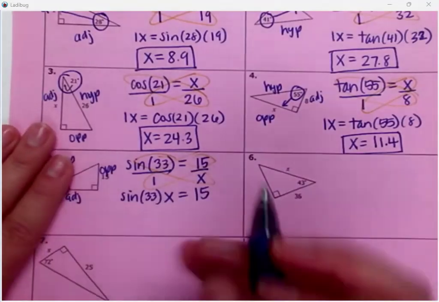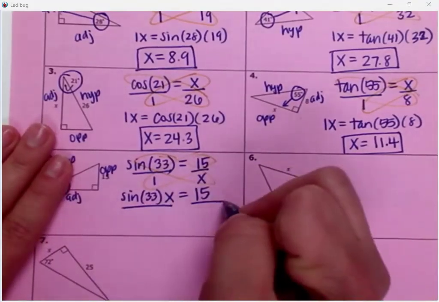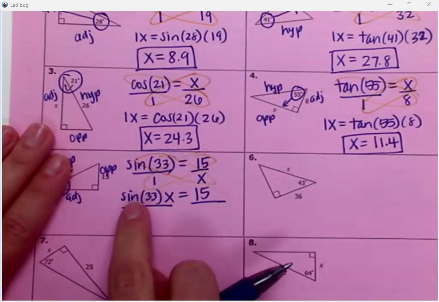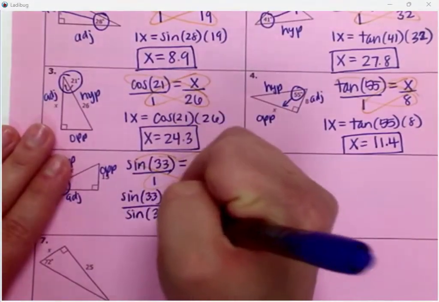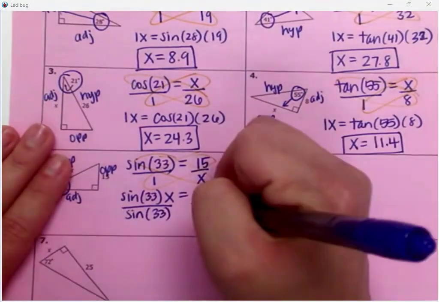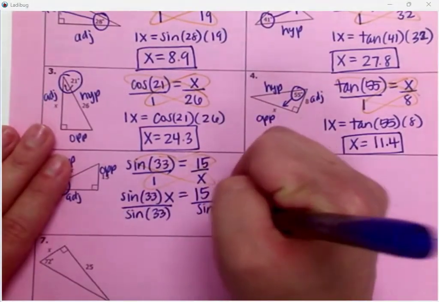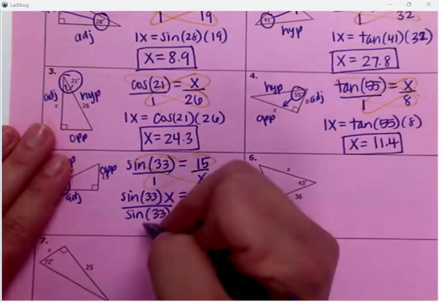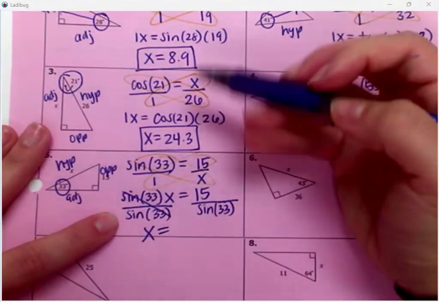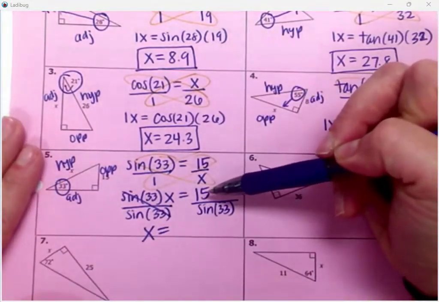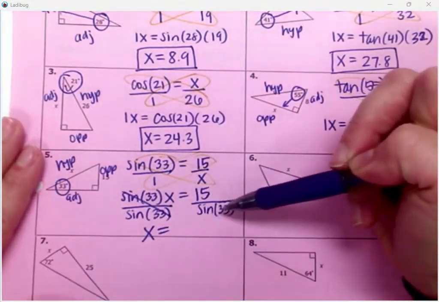Not divided by 15, but if I'm trying to get x by itself, I need to divide it by whatever's in front. So what I'm going to do is divide by sine of 33 to both sides. And so these will go away. And then in Desmos, what you're going to type in is 15 divided by sine of 33.